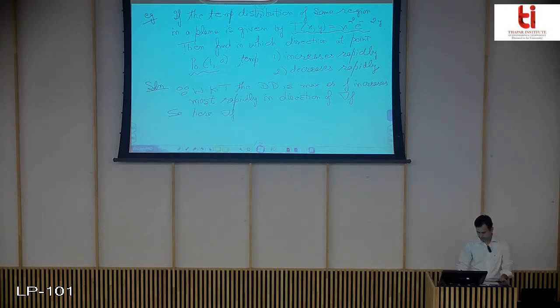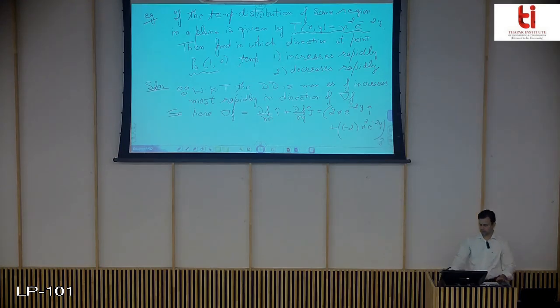So here gradient f is the partial derivative with respect to x, y, z, and in this case it comes out to be 2x e raised to power minus 2y i cap plus minus 2x square e raised to power minus 2y j cap.